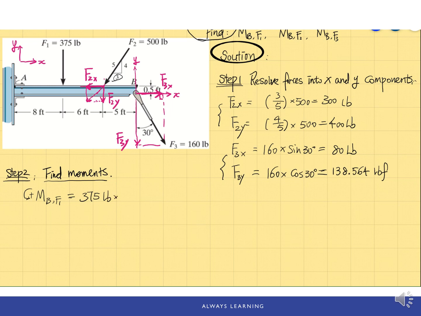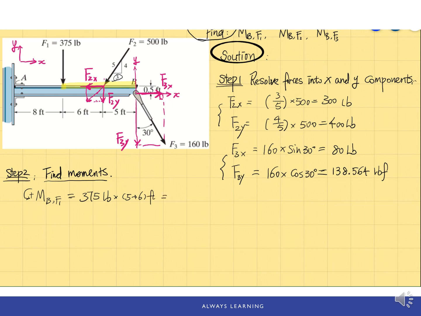From B to the F1 force, the moment arm is along this direction, from the point of the arrow here to point B. So the length will be 6 plus 5, which is 11 feet.